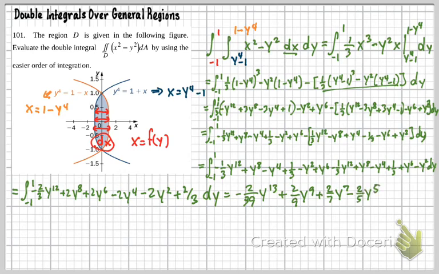And then we're here now, and that's going to be -2/3 y to the 3rd. And then we have our constant on the end, which is going to be plus 2/3 y. And that's from -1 to 1.